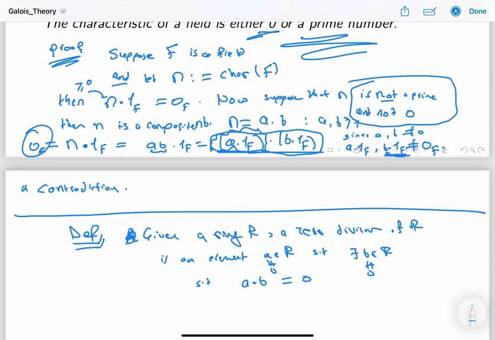If there are two elements A and B, both of which are not 0, and they multiply to 0, then we call A and B zero divisors.